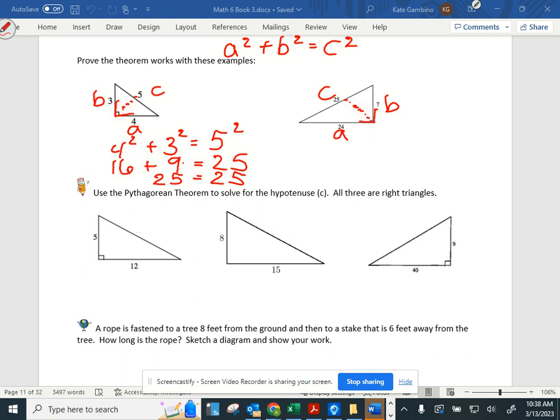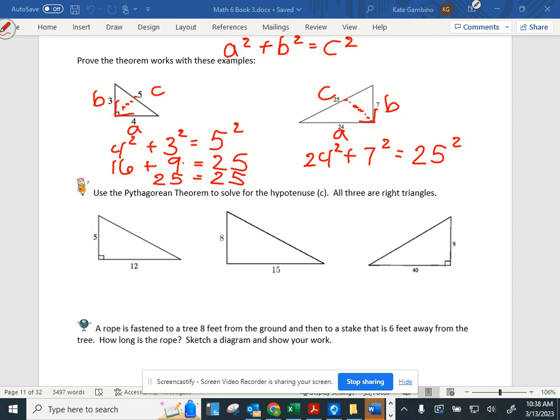A and B join together to make the right angle. So now I'm going to use those numbers and put them in my formula. A squared plus B squared equals C squared. So we're going to take our calculators out because I know my perfect squares. I love my perfect squares, but I don't know 24 and 25 squared.